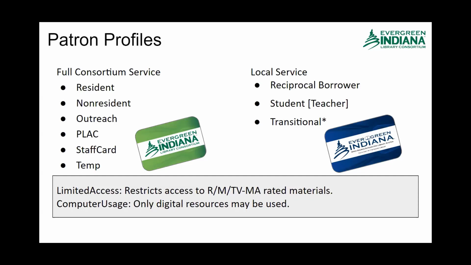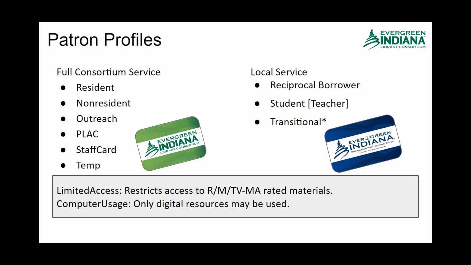A non-resident card, which is a paid card, and that's based on your library's non-resident fee that's established by your board. An outreach card, and this is something that you determine how you'll use that outreach card. Generally, it has something to do, could be a classroom card or something like that, or it could be, just as it says, outreach.